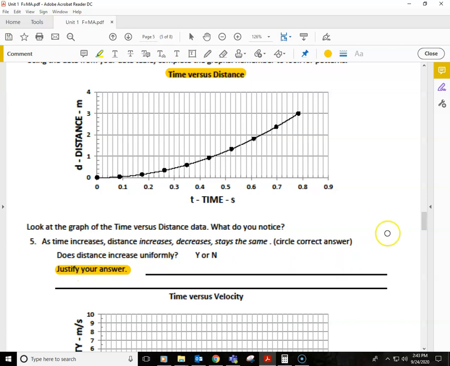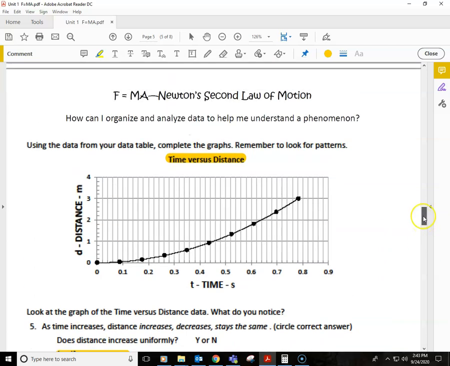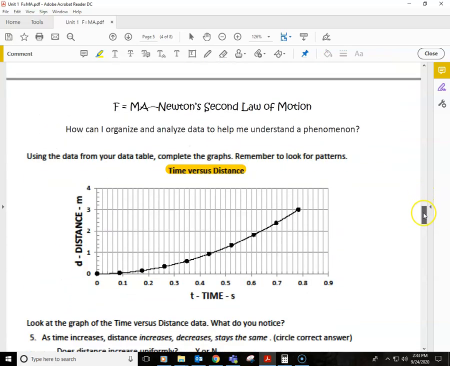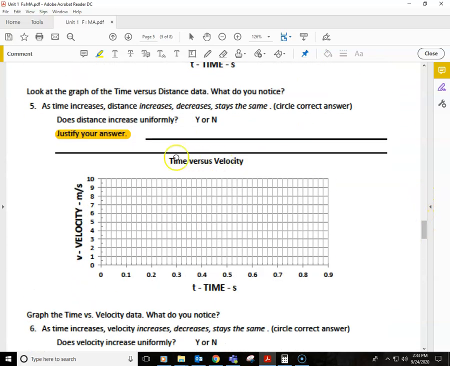Okay? So let's go back and see where they got that data. Basically, they were comparing time and distance. I'm going to undo that. First graph that they made for you, we were comparing time to distance. Second graph, what I want you to notice here is they gave you a title, and they put titles on each axis, but now you have to make your own graph.